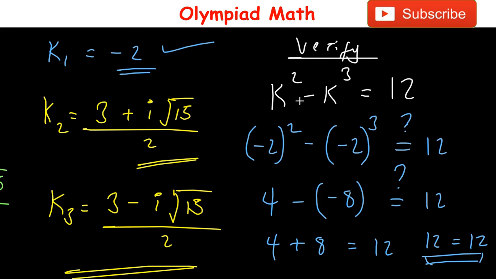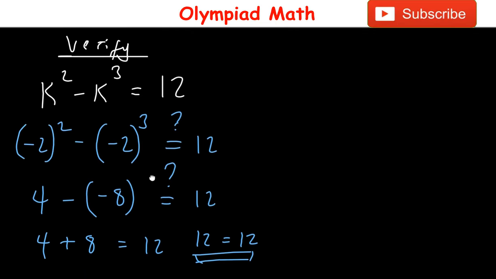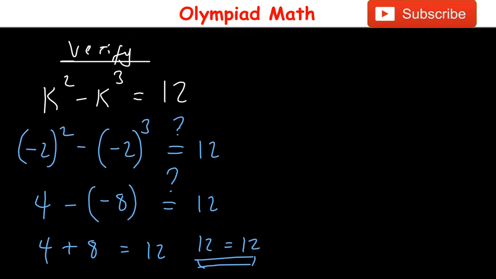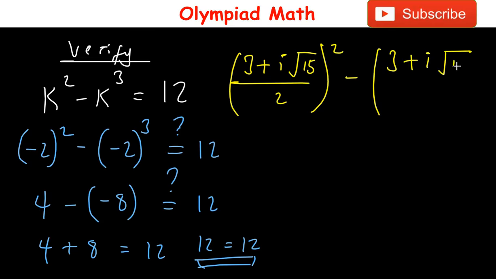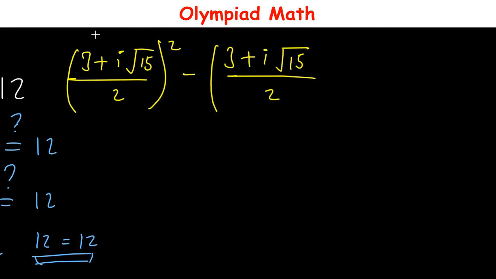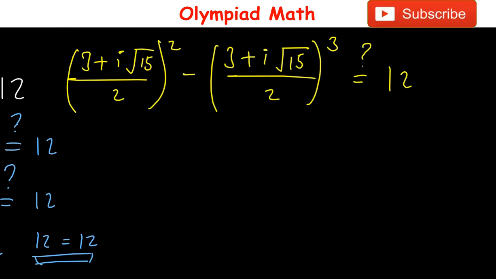Next, for k2 to equal 3 plus i times square root of 15 over 2, let us verify this. So inputting this value into the given equation, this then becomes in bracket, we have 3 plus i times square root of 15 divided by 2 all raised to power 2 minus in bracket 3 plus i times square root of 15 divided by 2, all raised to power 3 with this equal 12 question mark.